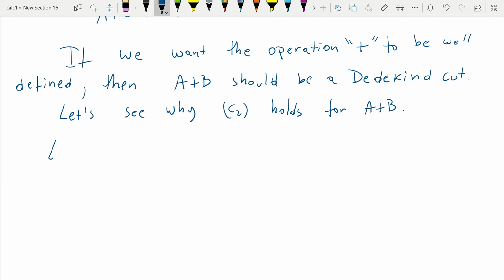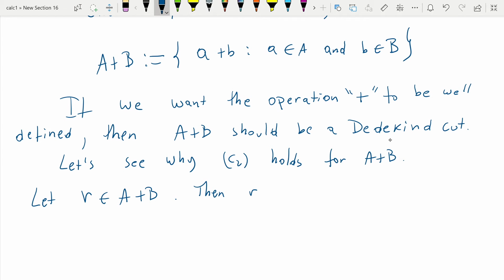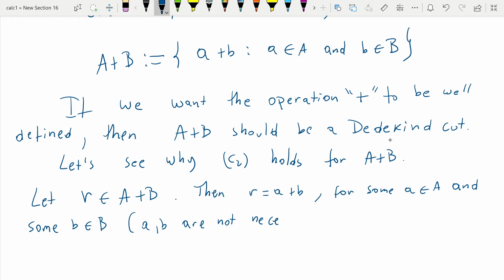Okay, so we start by letting r be an element in A plus B. If r is an element in A plus B, it means that r is equal to a plus b for some a in A and some b in B. a and b are not necessarily unique.